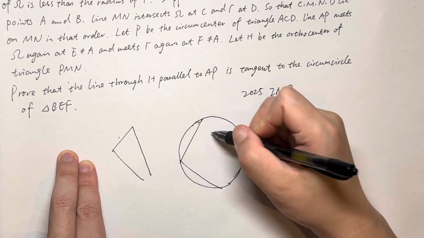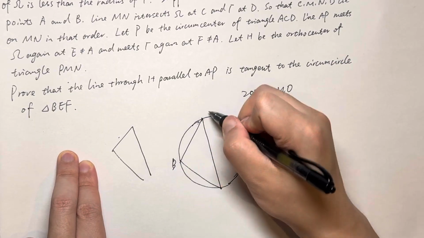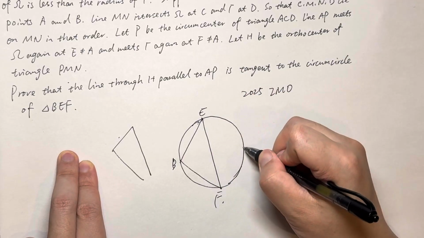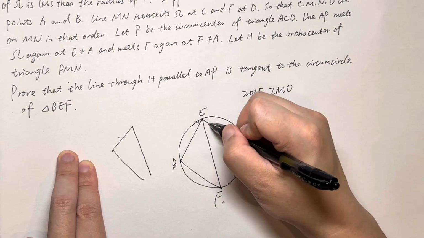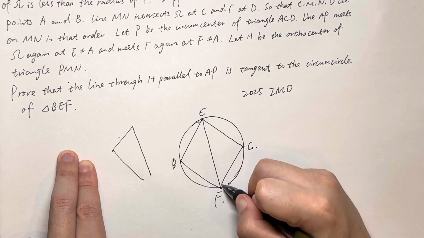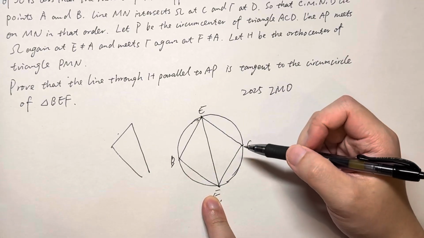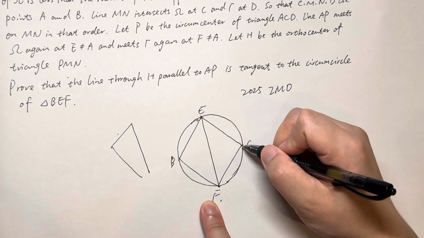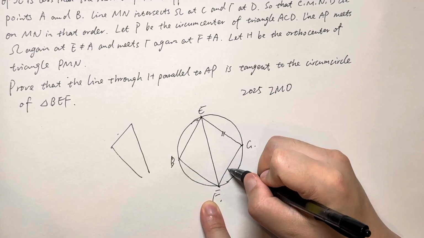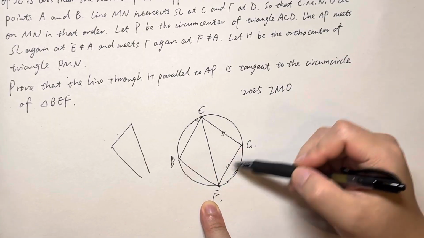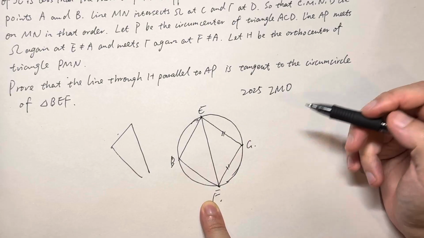We already know that this is BEF, for example, and we find a point G is on the circumcircle of the triangle BEF, and also EG equals to FG. So think about that.